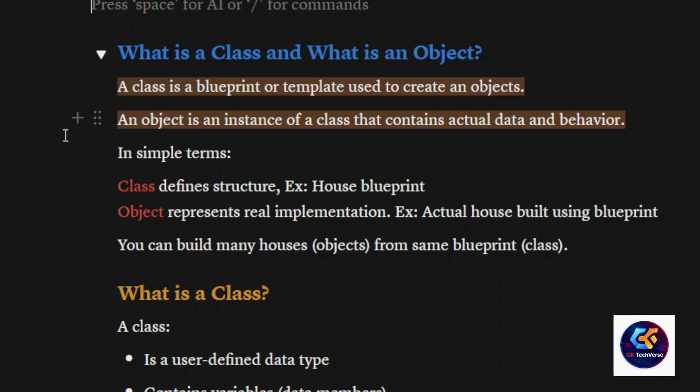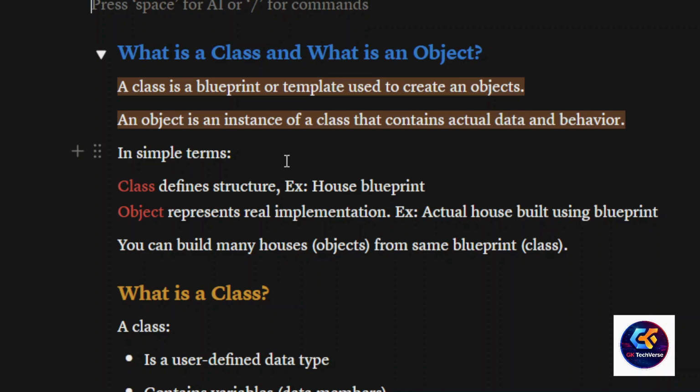What is a class and what is an object? A class is a template used to create an object. An object is an instance of a class that contains actual data and behavior. In simple terms, class defines structure.